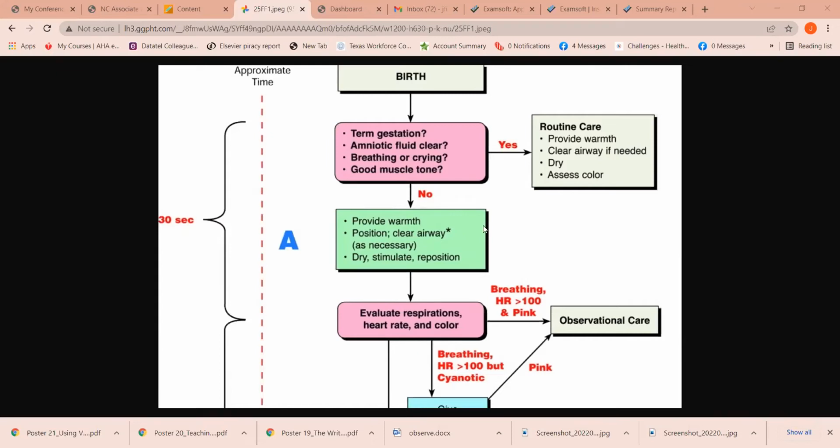We've been trained from day one to do ABCs, ABCs, ABCs. But the very first thing we need to do is get that baby dried and in a warm place. So I want you to think really quickly, how can you get that baby warm? You really need the baby to be, this baby's going to need some help breathing.